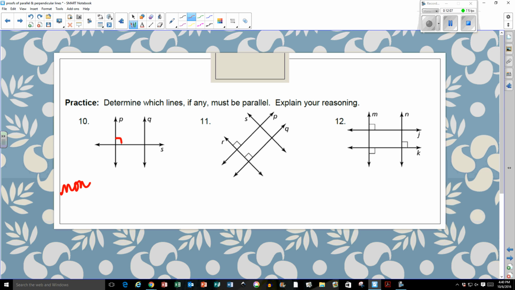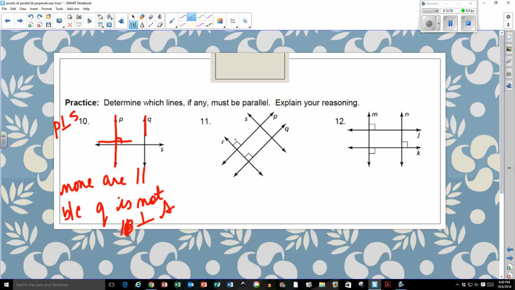So none are parallel, because Q is not perpendicular to S. P is perpendicular to S. That's given. P is perpendicular, but it doesn't tell me Q is, so I can't assume it.